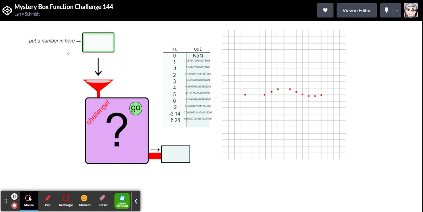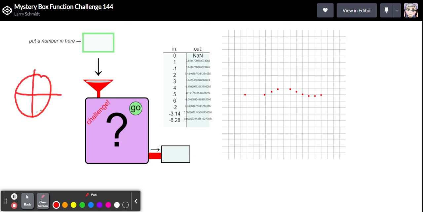I am thinking trig. In fact, it sort of starts to look like the sine function. Although, this is an odd one. So let's think about this. If we had sine, the coordinates here, if we put in 0, would be 0, 0.